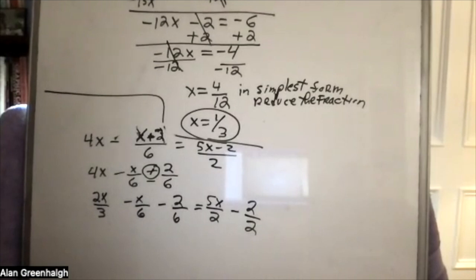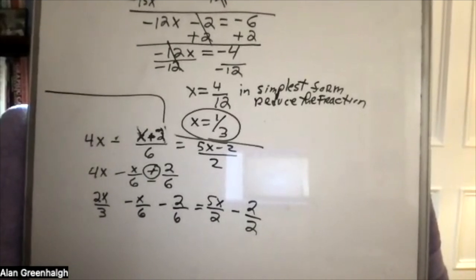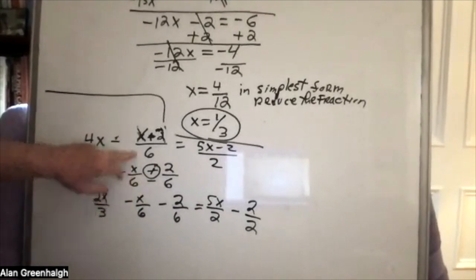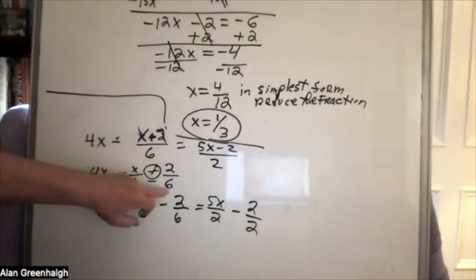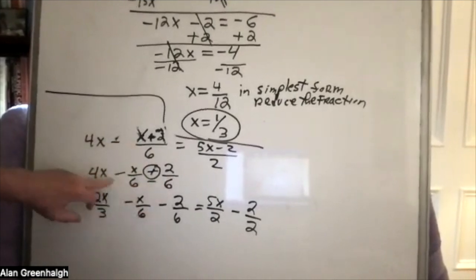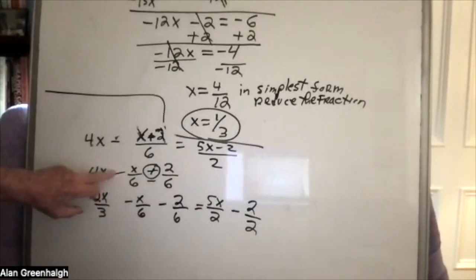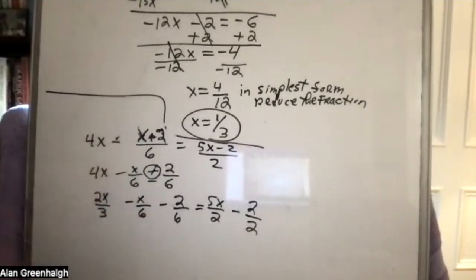Everyone's thanking me, and I appreciate it, but really, I'm saying thank you, because that's a very, very interesting point. First of all, that you could separate them into two separate fractions. That's interesting. But second of all, you have to watch out for these negatives. That's a killer right over there.